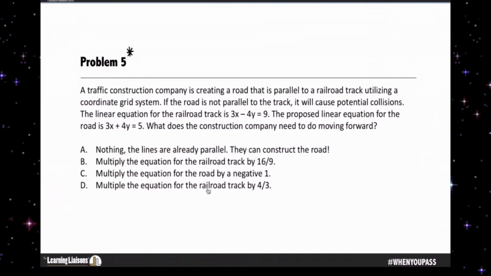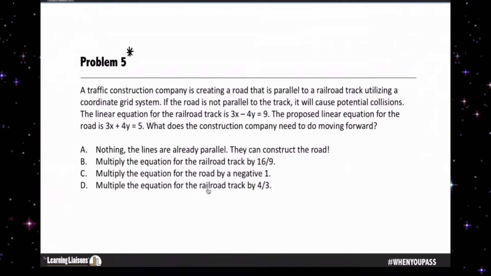A, nothing. The lines are already parallel. They can construct the road. B, multiply the equation for the railroad track by 16 over 9. C, multiply the equation for the road by -1. Or D, multiply the equation for the railroad track by 4/3.